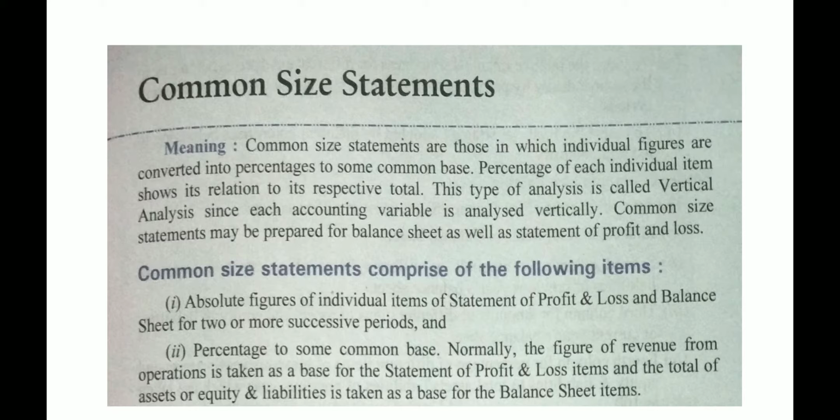Okay. So common size financial statements are statements in which the items of balance sheet and income statement or profit and loss statement of 2 or more years are written and they are expressed in percentage. The percentage relationship of an individual item of a single financial statement to an aggregate total in the same statement.